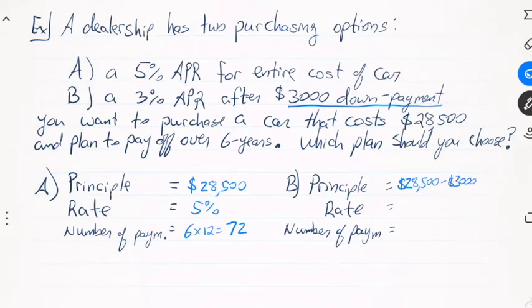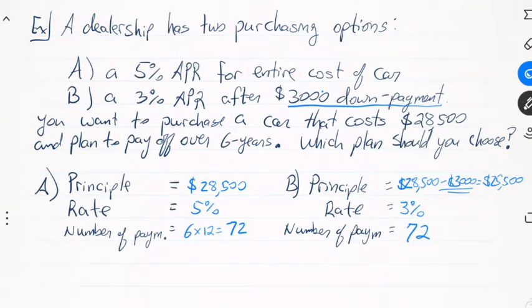So your principal now is going to be just $25,500. All right, the rate, of course, is now down to 3% because of that down payment. And the number of payments is going to stay the same. It's still over 6 years.